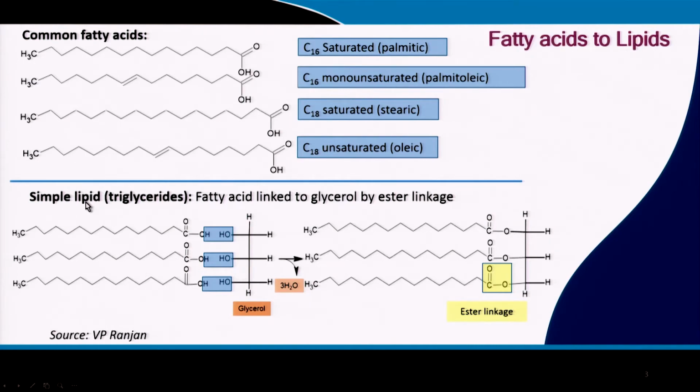So a simple lipid, which is what the triglycerides are, these triglycerides are fatty acids that are linked to glycerol by an ester linkage. So this is an example of the ester linkage. You have the carboxyl group bonding with the hydroxyl group, a water molecule leaves, and you get this ester linkage and the formation of triglycerides.